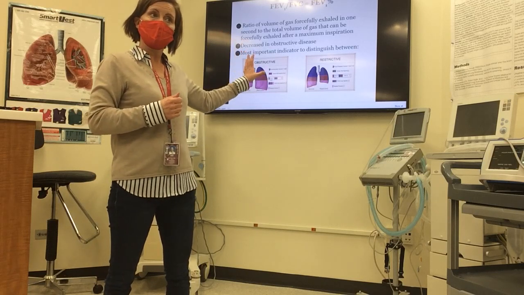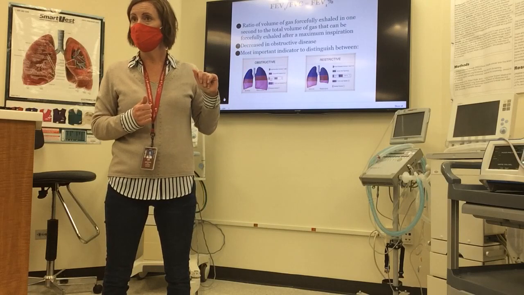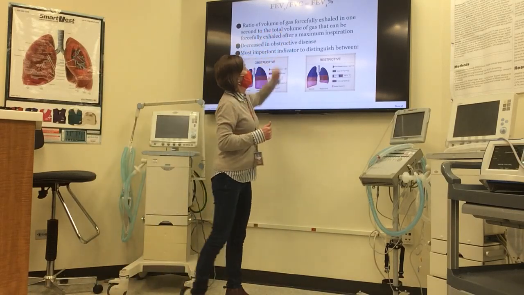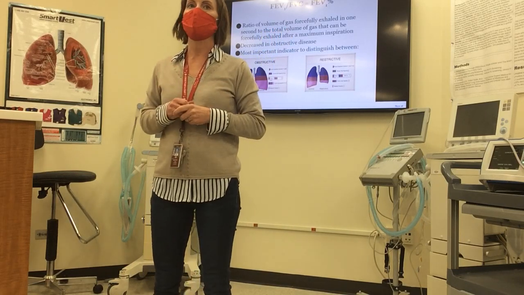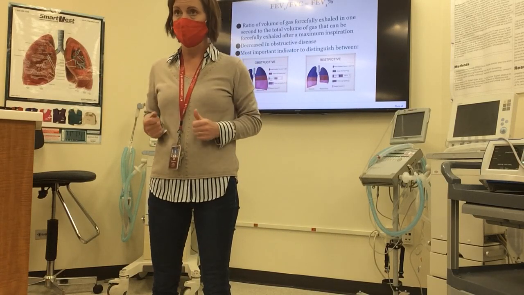This is one of the most clinically significant tests you are going to look at on spirometry, and that is the ratio between your FEV1 and your forced vital capacity. This is called your FEV1 percentage, or you might hear it called the FEV1 ratio.